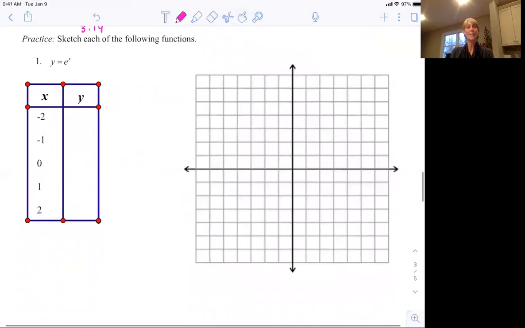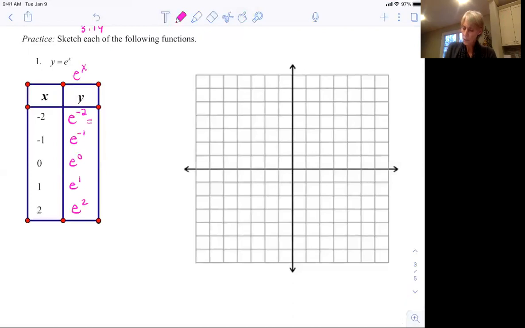Now let's actually practice graphing e. I'm going to try to do this without the use of a calculator. And again, if you need to, you can plug it in to see how the numbers match up. If we want to plug in some numbers and get these values, we would have e to the -2, e to the -1, e to the 0, e to the 1, and e squared.